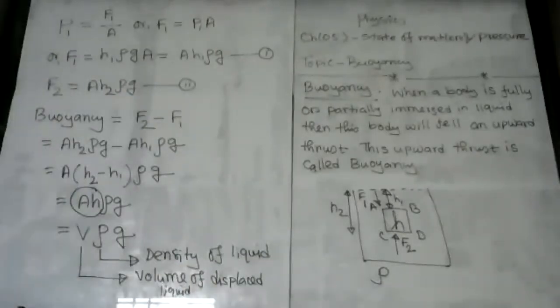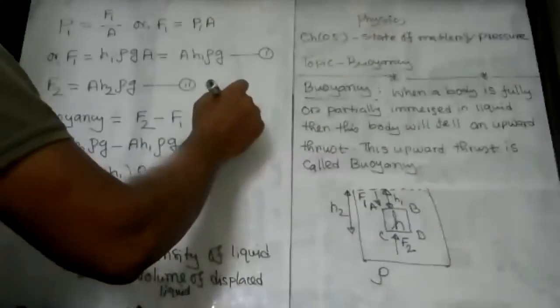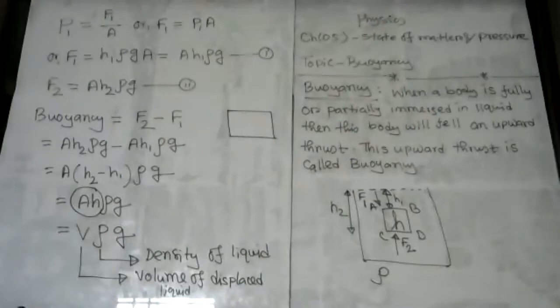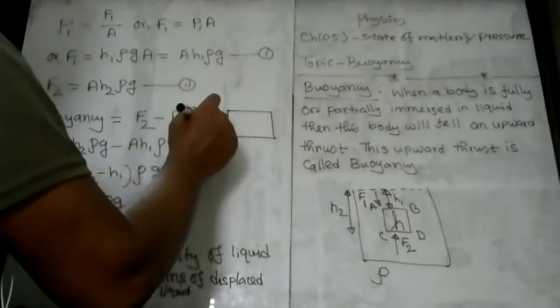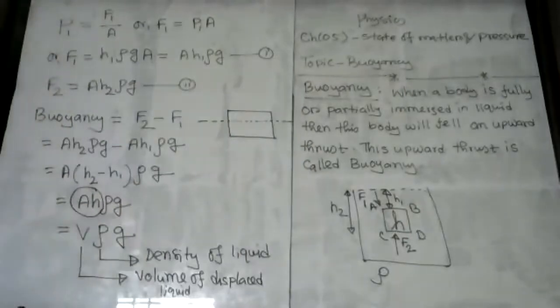So let's understand this volume of displaced liquid properly. Suppose this is a very small rectangular body. If you want to keep this small rectangular body inside water, suppose this is the water level.